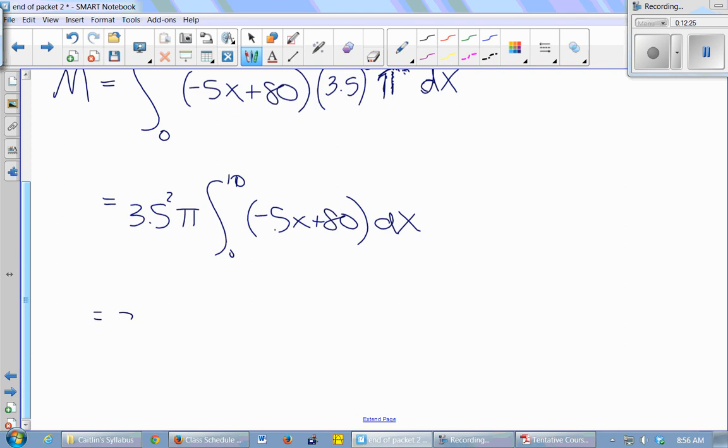Okay, so this becomes 3.5 squared pi times the antiderivative of -5x, which would be -5x squared over 2. The antiderivative of 80 is 80x.